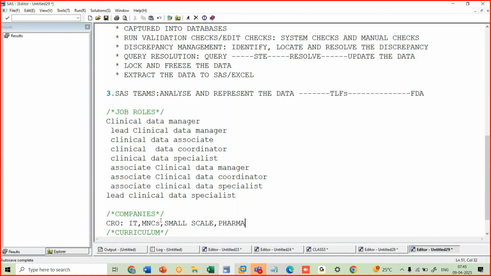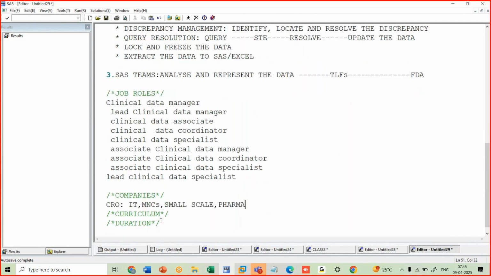Parexel, Novartis, TCS, CTS, Accenture. Like this, we have different job roles.